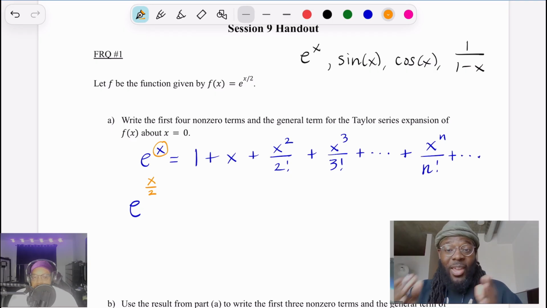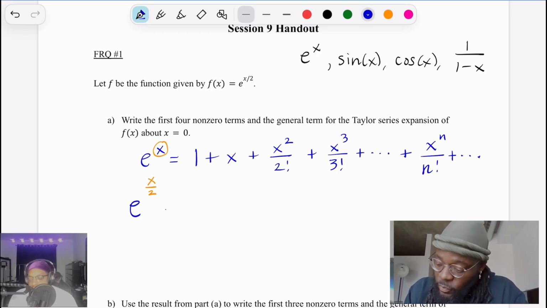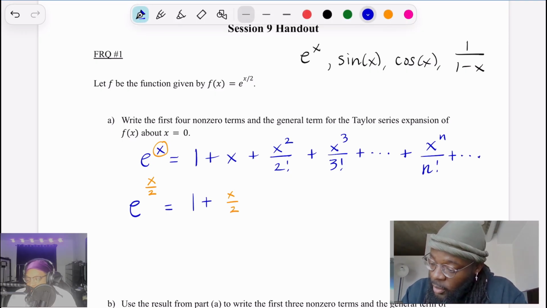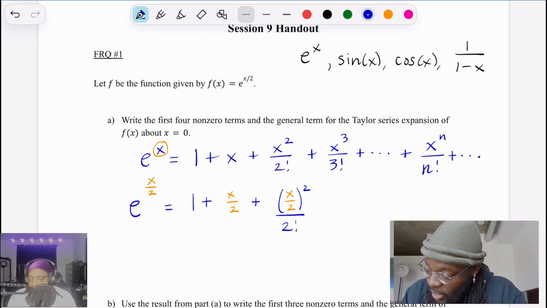I'm going to replace every x in that Taylor series expansion with x over 2. So this is going to be 1 plus x over 2. I'm using gold so y'all can see what's going on. Plus x over 2 is going to take the place of x. So x over 2 quantity squared over 2 factorial.